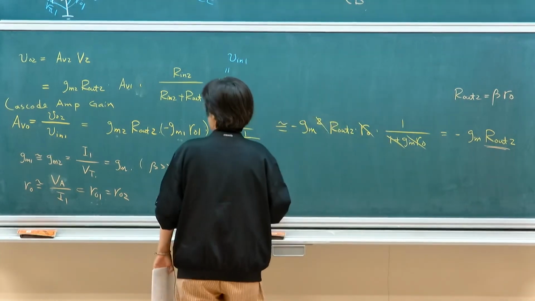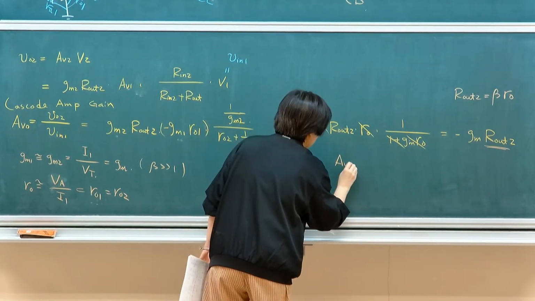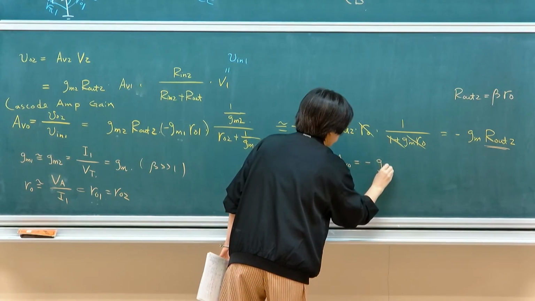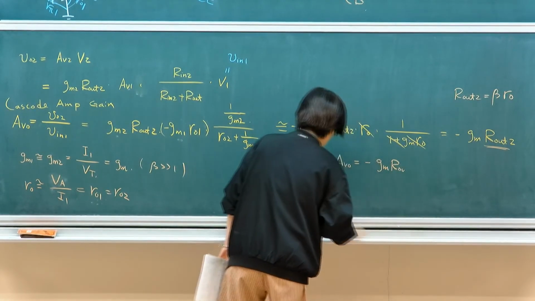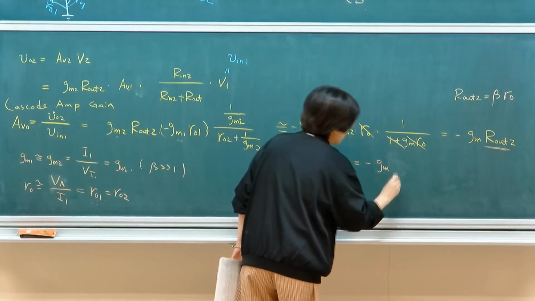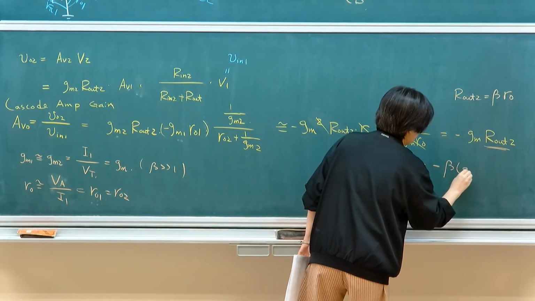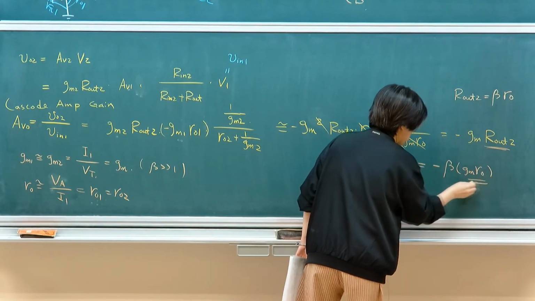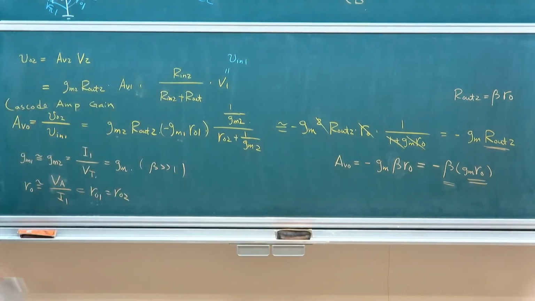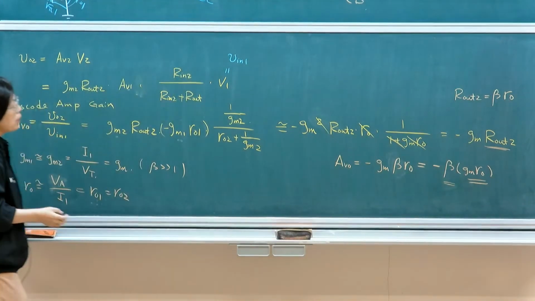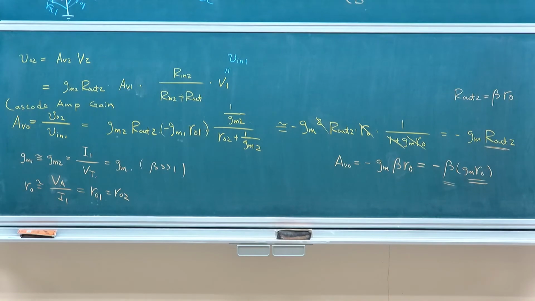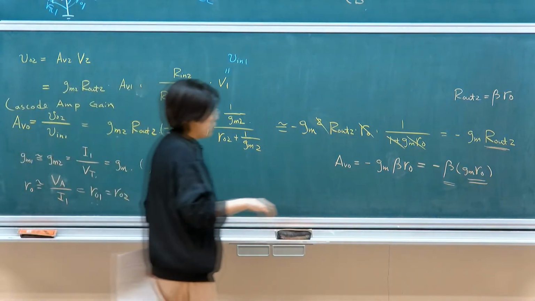So overall, we're going to get a voltage gain of minus gm beta RO, or you can rewrite it as beta gm RO. So it's an intrinsic gain amplified by a factor of beta. Okay? So this is just an exercise to allow you to use your already developed two-pole model, continue into cascode analysis, and then we get the overall gain.